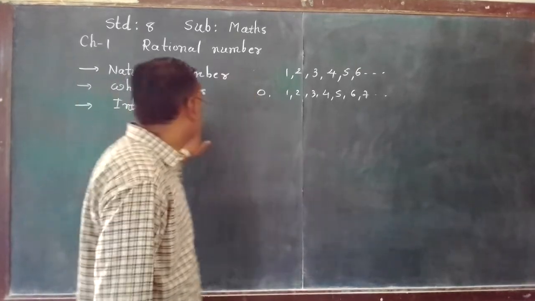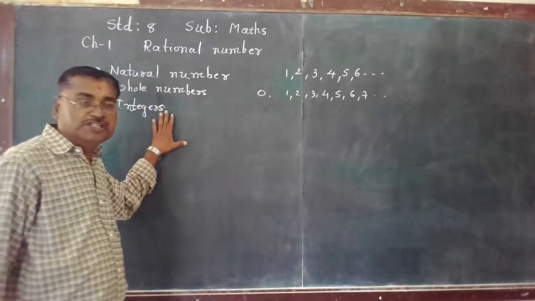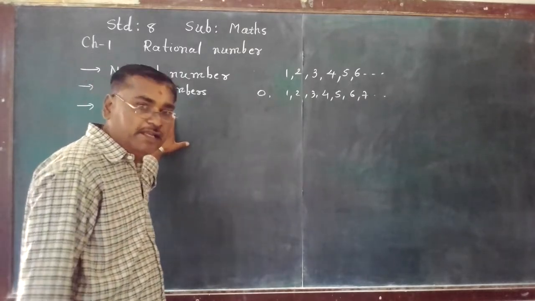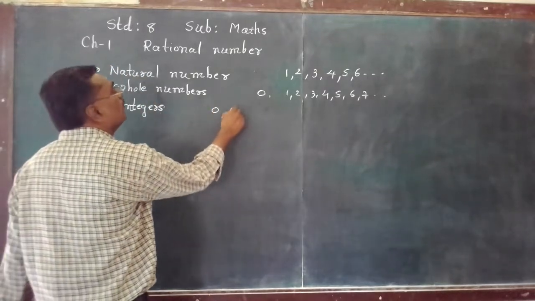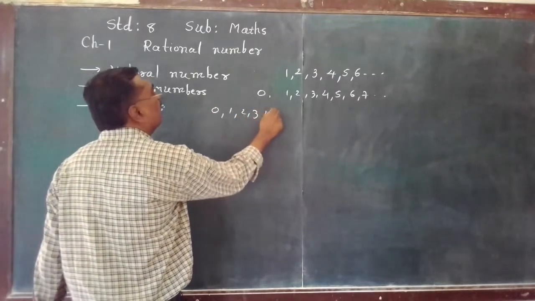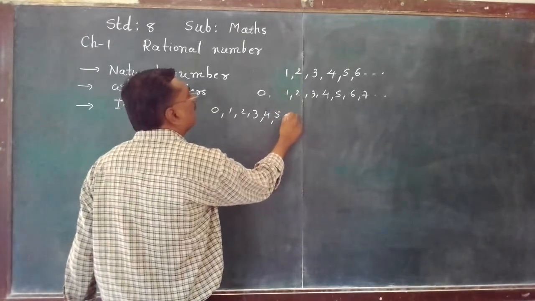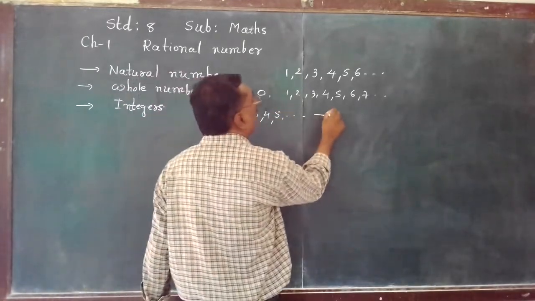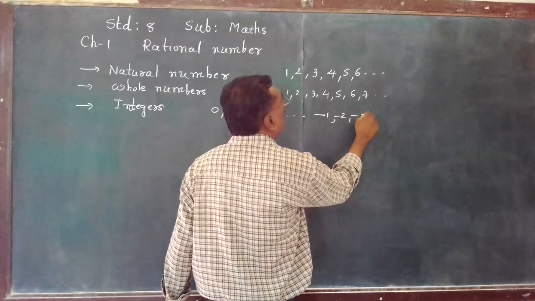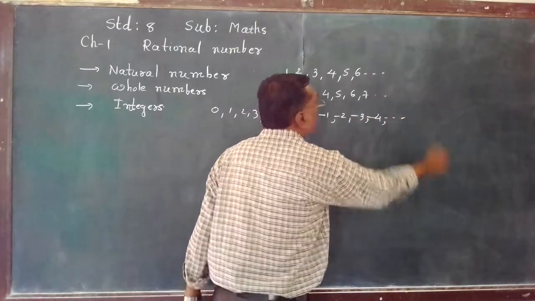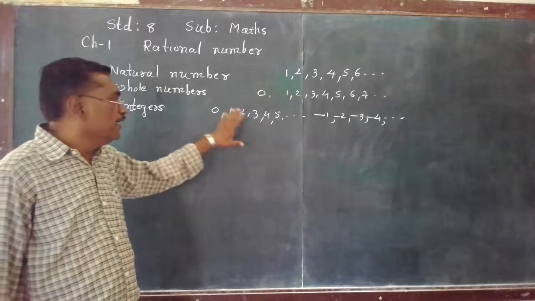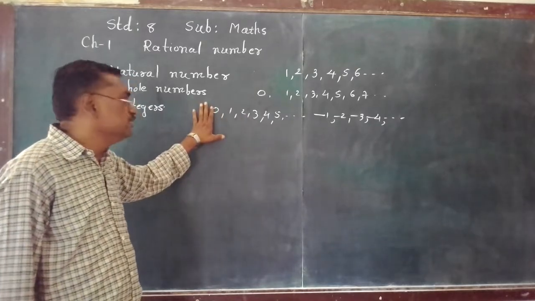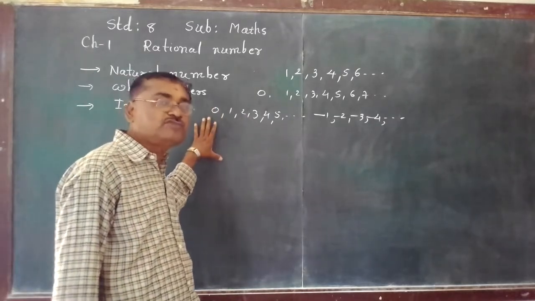Now we know integers. We have positive integers, negative integers, and then 0. Means 0, 1, 2, 3, 4, 5, whatever number, and negative also, -1, -2, -3, -4, whatever number. These are the integers. Means negative integers, positive integers, and including 0.